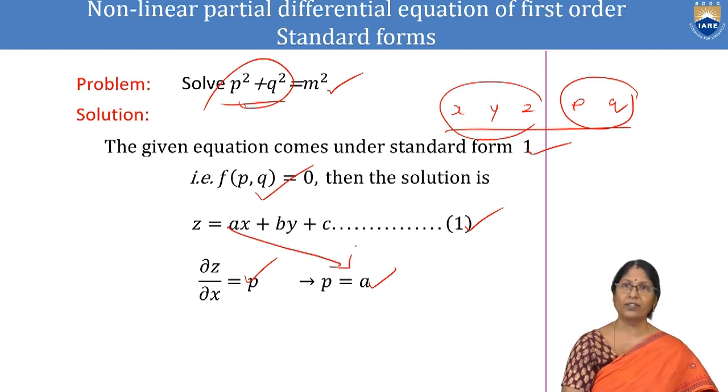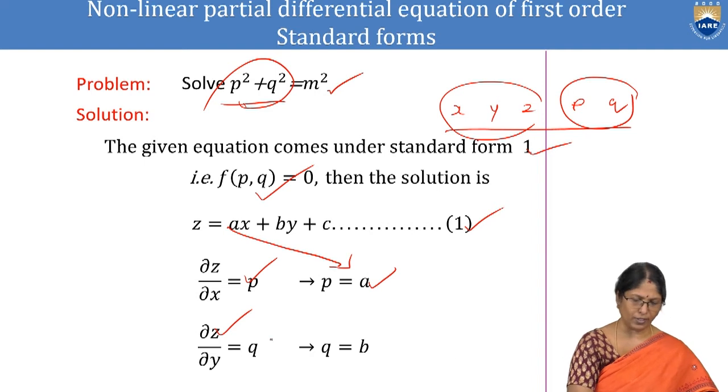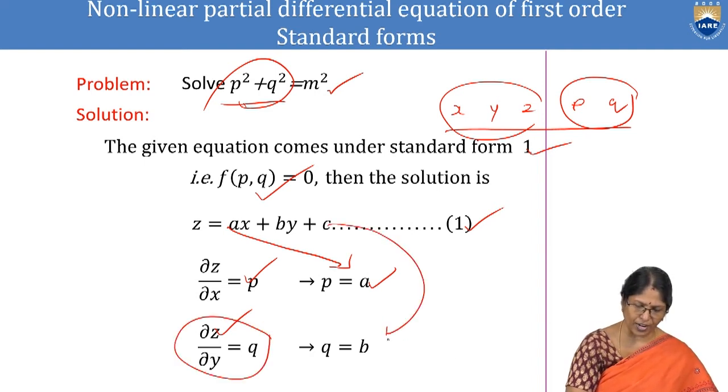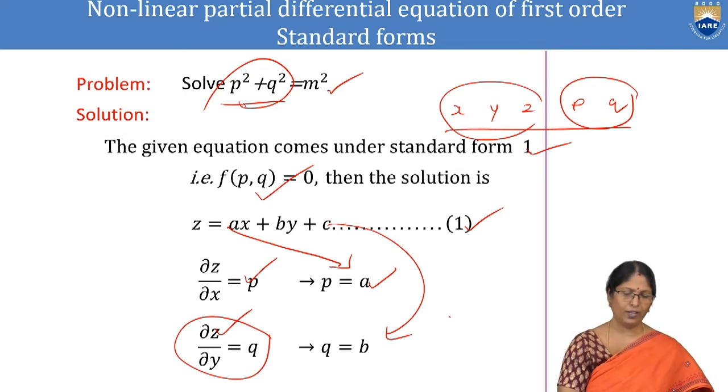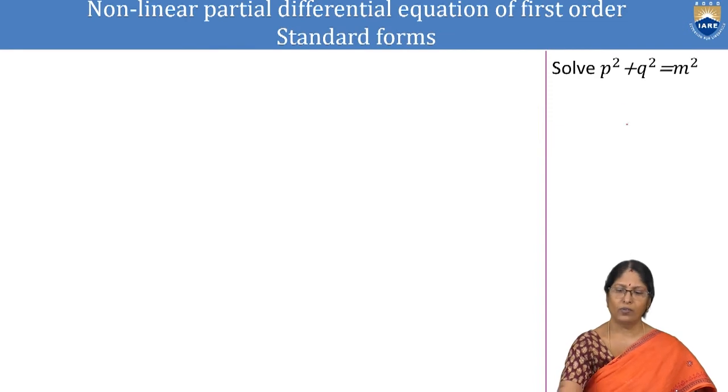And dou z by dou y equal to q. This is the standard notation. From here we differentiate with respect to y. The left side gives dou z by dou y, which is nothing but q, and here we get b. Now solve.